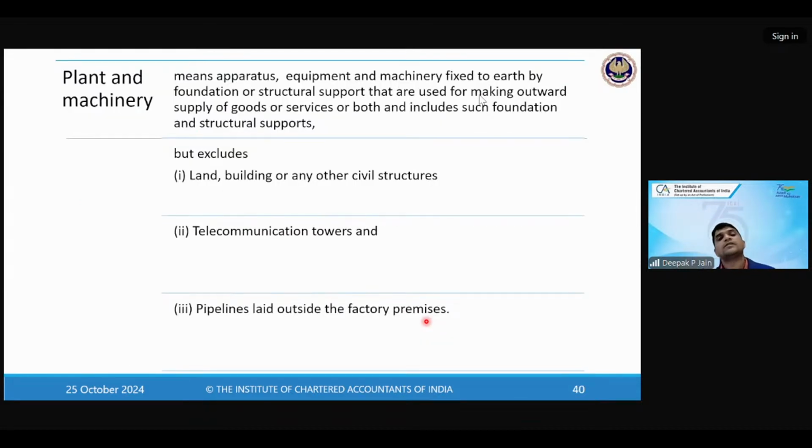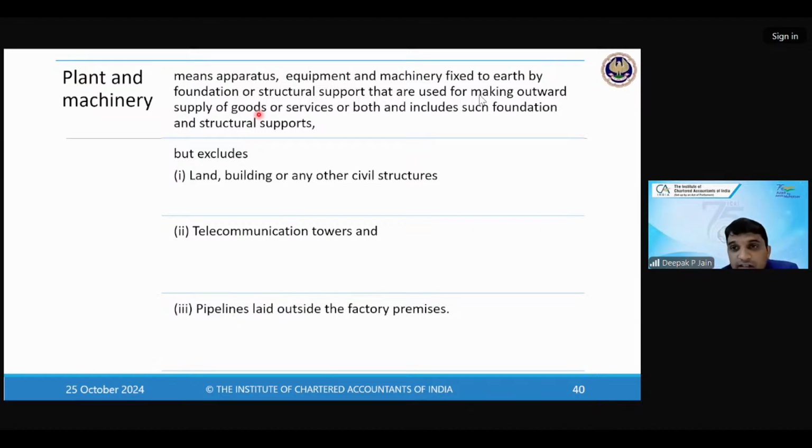Now, what is a plant and machinery? Plant and machinery means any apparatus, equipment, machinery fixed to earth by a foundation or structural support that are used for making outward supply of goods. So any kind of machinery, a lift you buy is also a plant and machinery because you have to use it for transportation of goods or people.